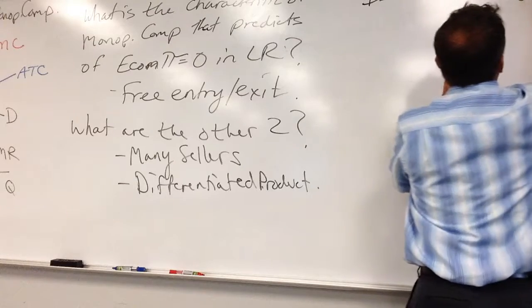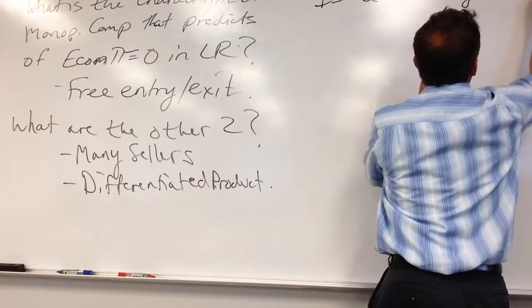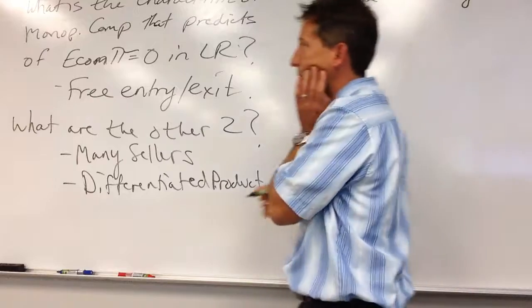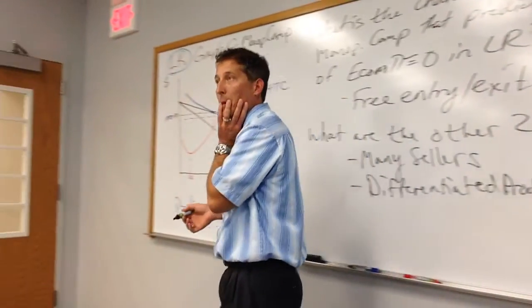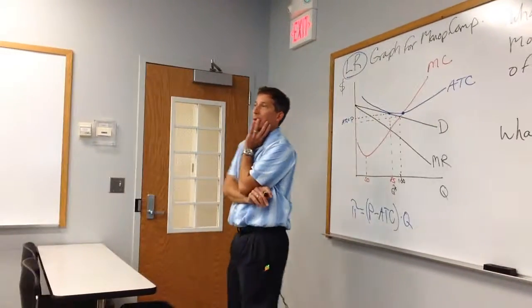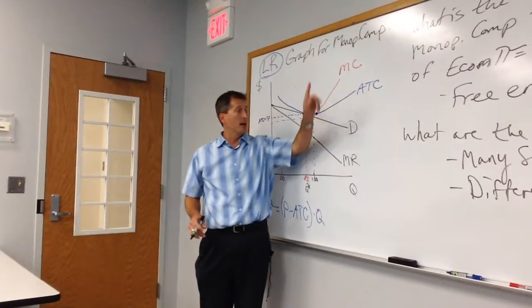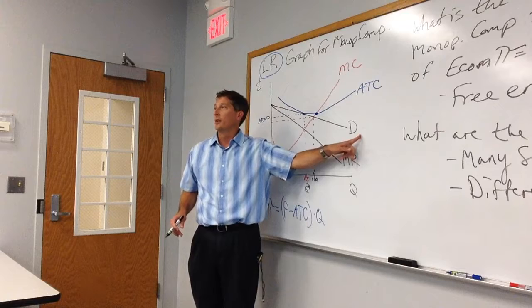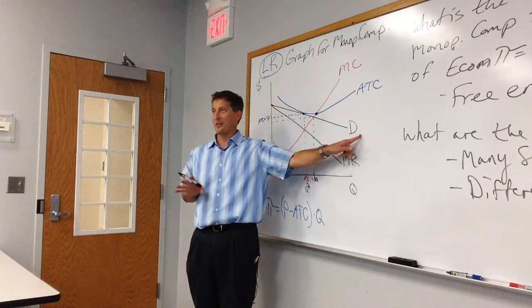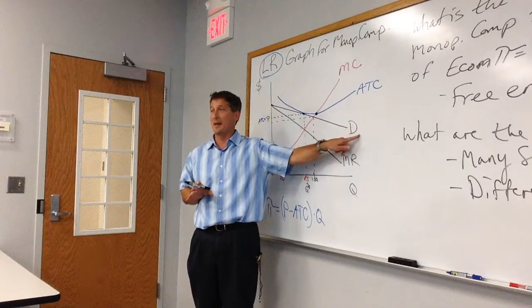No. How do you know that? What do we need to know? Yes, it's not where marginal cost intersects the demand curve. That's not the pure definition, but you're saying the right thing. What is the demand curve?